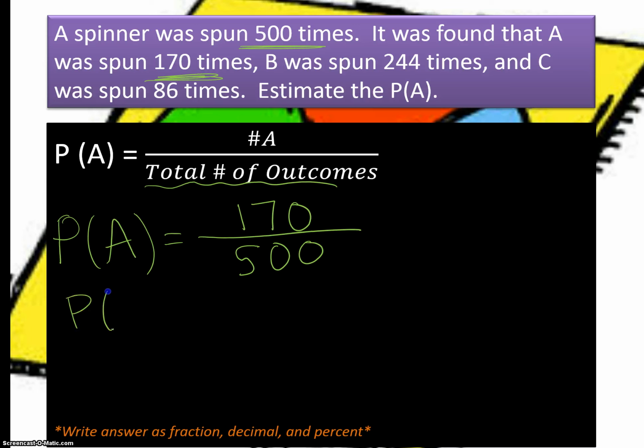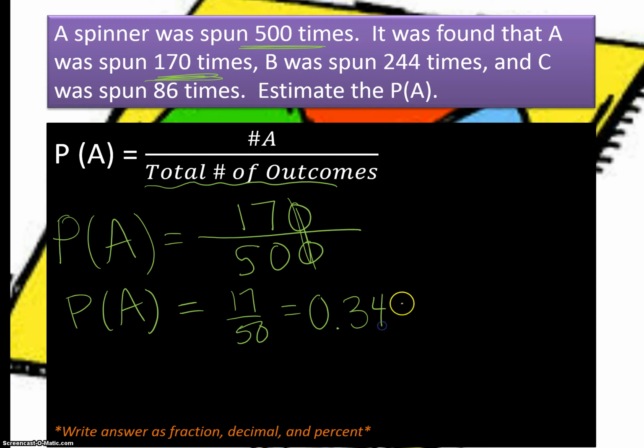Now, what's wrong with this, you ask? Well, it's not reduced. If you reduce 170 over 500, you get 17/50. Now, that is one method, which is also equivalent to 34 hundredths, written as a decimal, which is also equal to what?